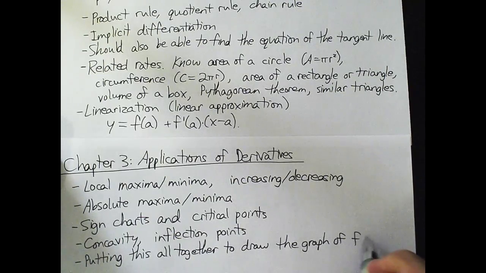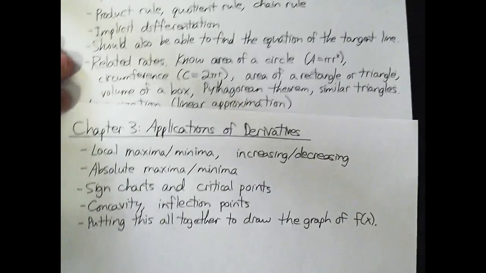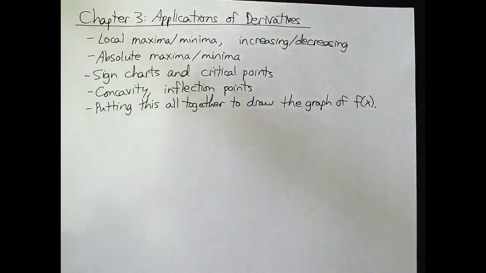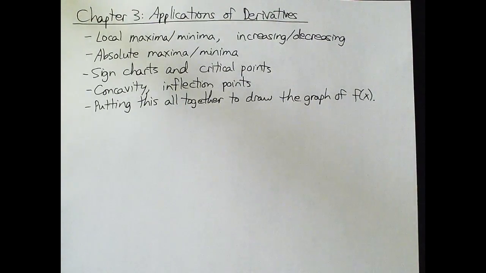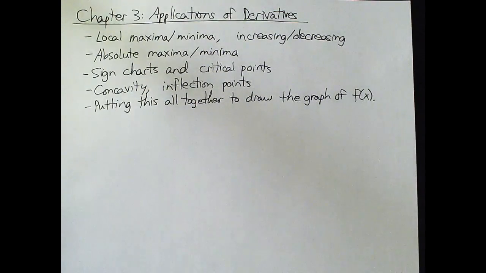So let's say you're given a function f of x. This would be a good type of problem to have multiple parts. Part A, where is the function increasing, where is it decreasing? Part B, where are the local maxima or local minima, if there are any? Part C, where is it concave upward and downward? Part D, what are the x-coordinates of inflection points? Part E, put this all together to draw the graph of the function.